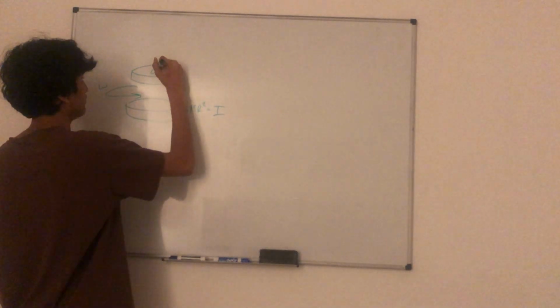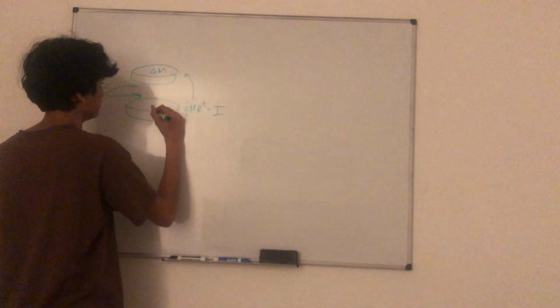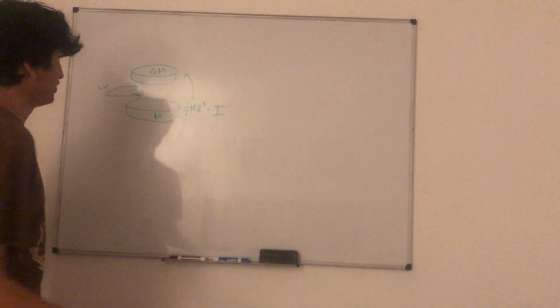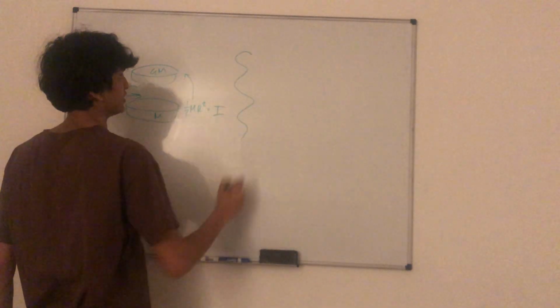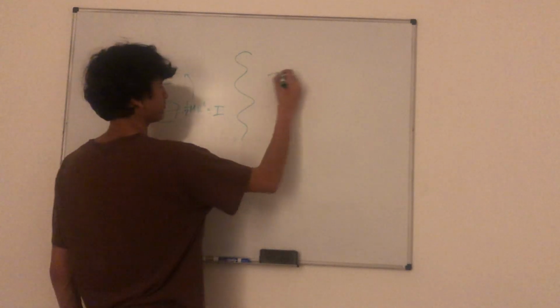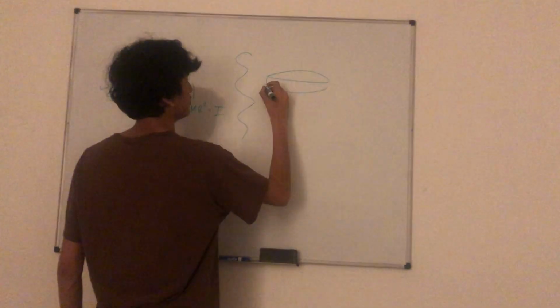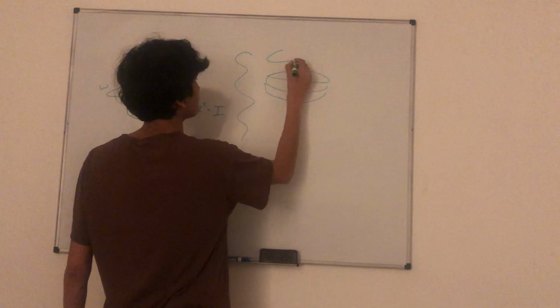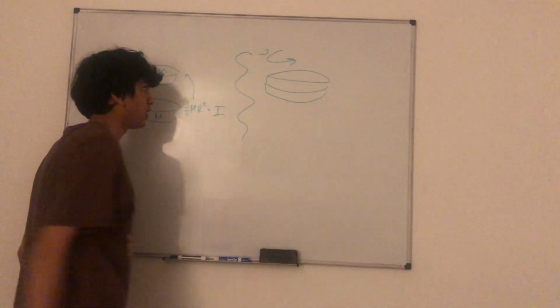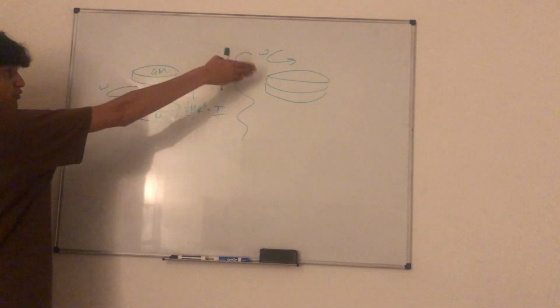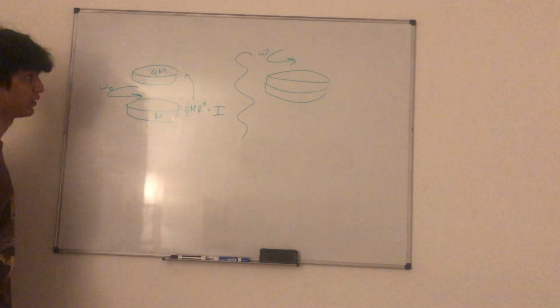So this is 4m, and it's the same radius. After we drop it, everything spins together. Let's say we want to figure out the final omega in terms of the initial omega.